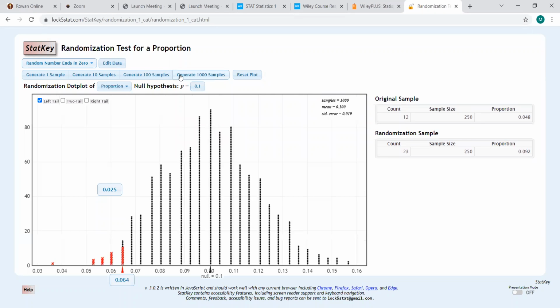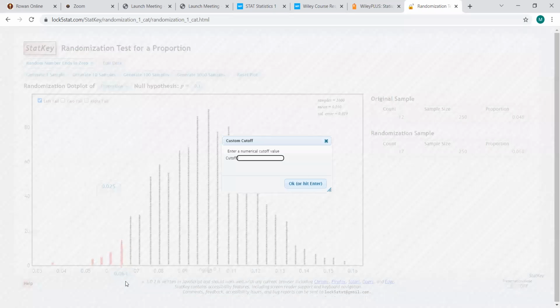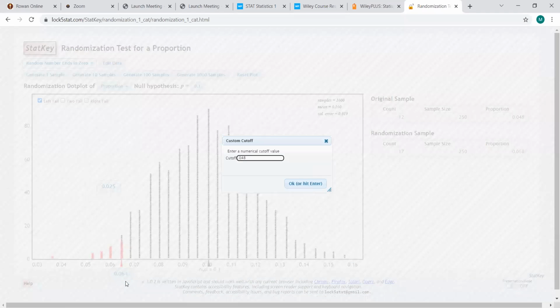Now, one thing that we want to do here is put our actual sample proportion at the bottom, and we want to count the number of samples that are less than or equal to the actual sample proportion. So we're going to type in 0.048. That's our sample proportion.